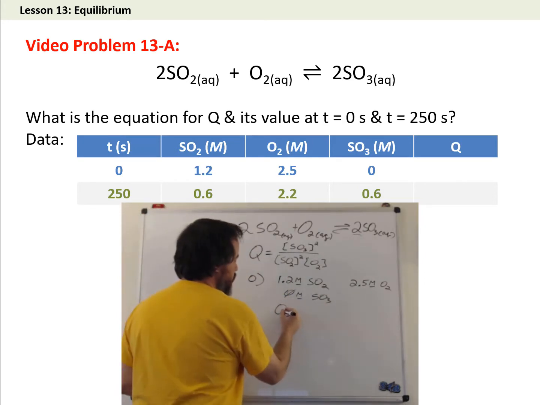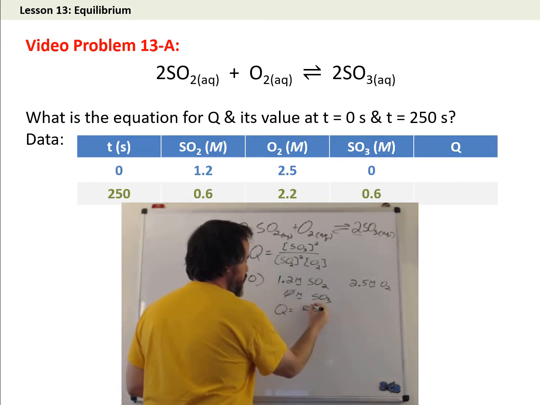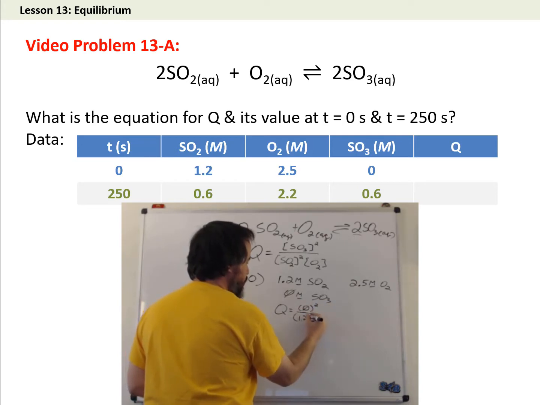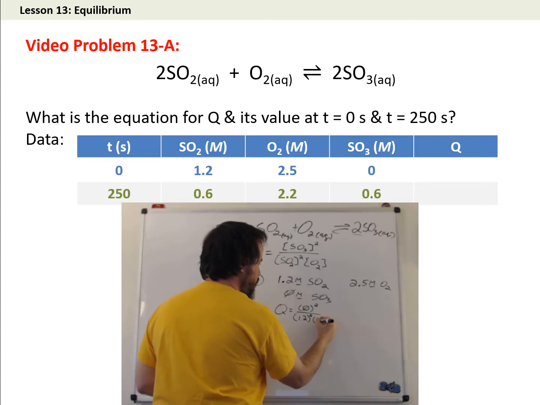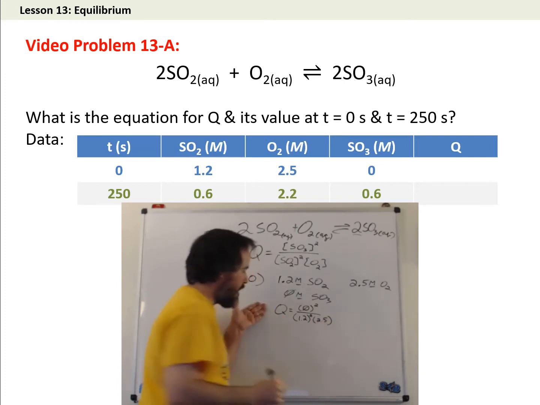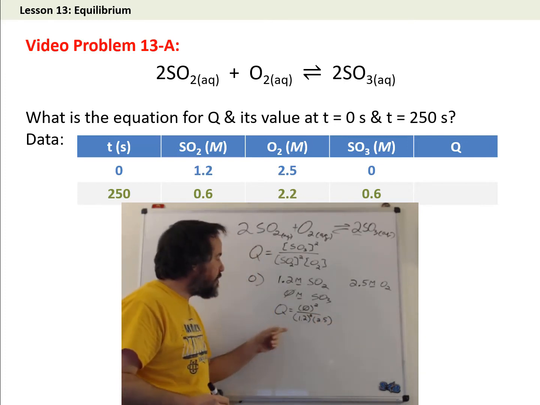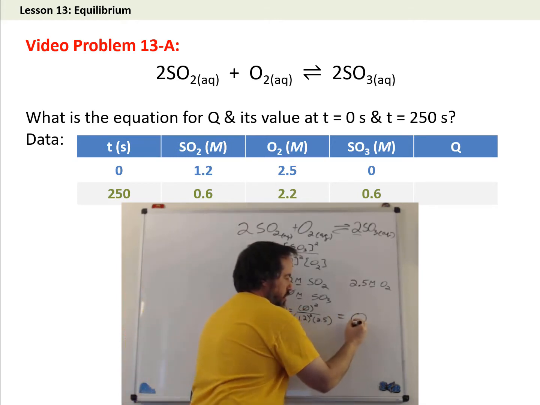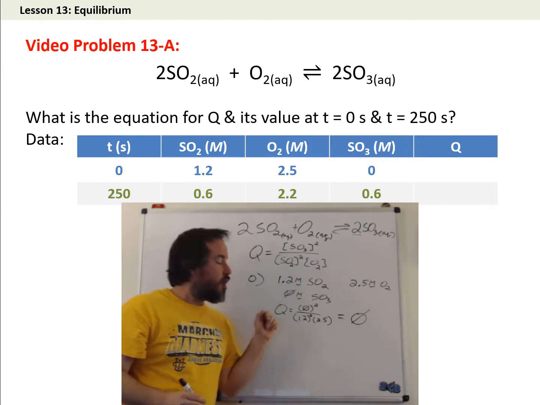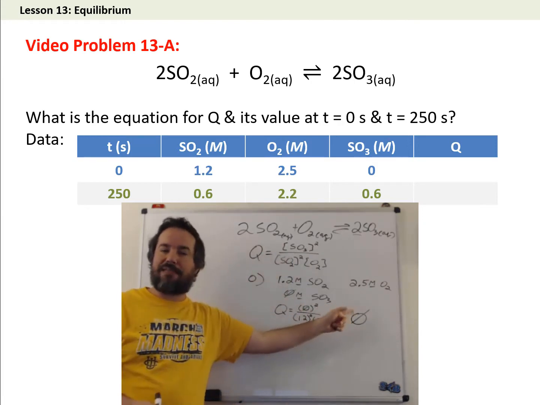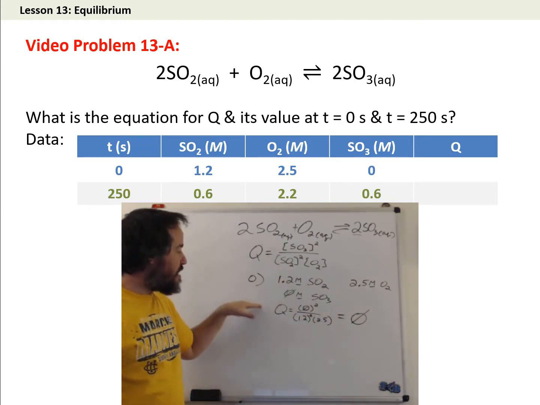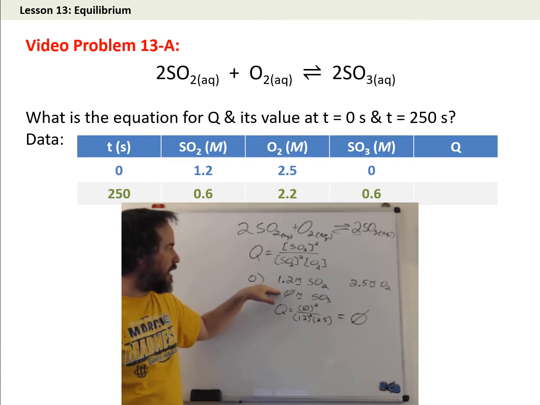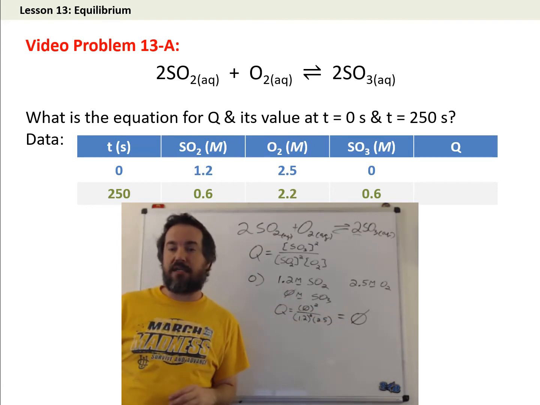I have Q equals 0 squared over 1.2 squared times 2.5. I could do the math, but as soon as I see a 0 on top, I know it's 0. 0 times anything is going to get me 0. So if I only have reactants, I have no products in this case, my Q is equal to 0.